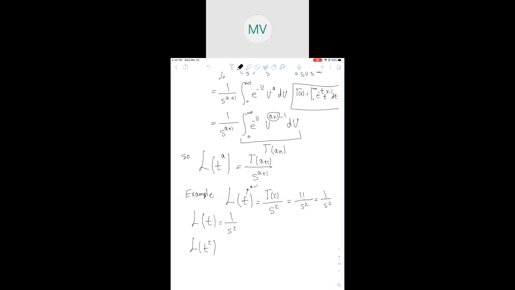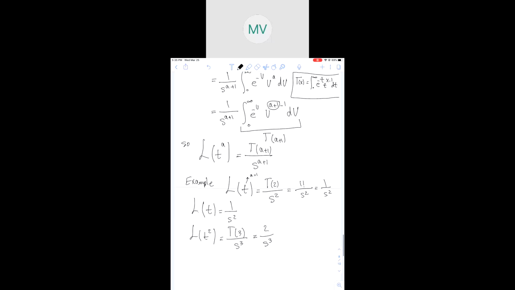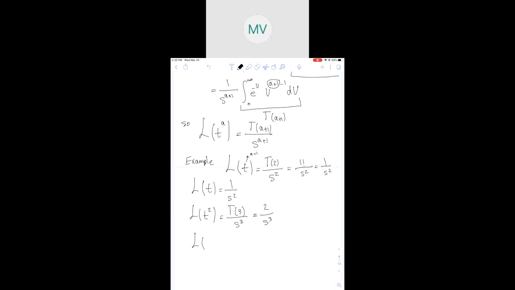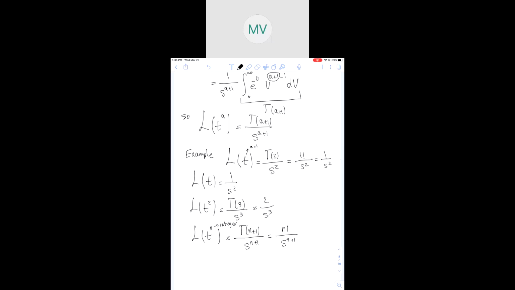Let's see what the Laplace of t squared is. Well, according to the formula, it is gamma of 3 over s cubed. Gamma of 3 is 2 factorial, so it's 2 over s cubed. So in general, if t is raised to n, where n is an integer, not just any real number, then it's gamma of n plus 1 over s raised to the n plus 1, which is n factorial over s to the n plus 1.